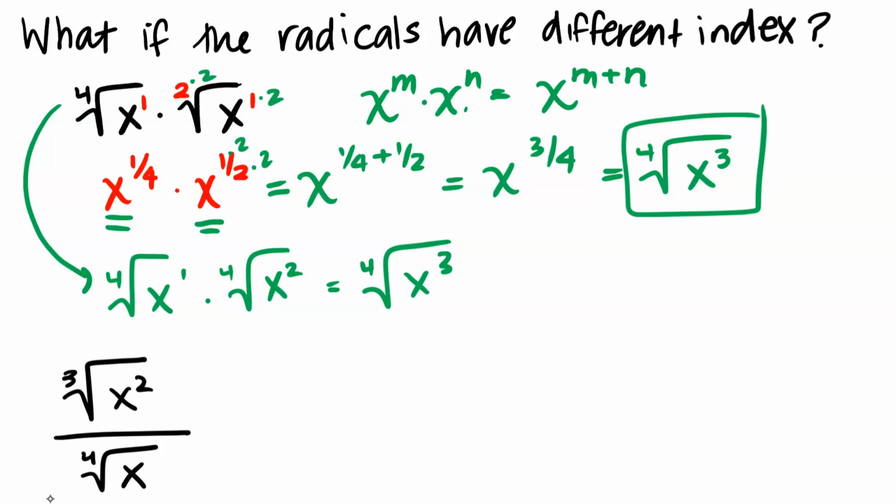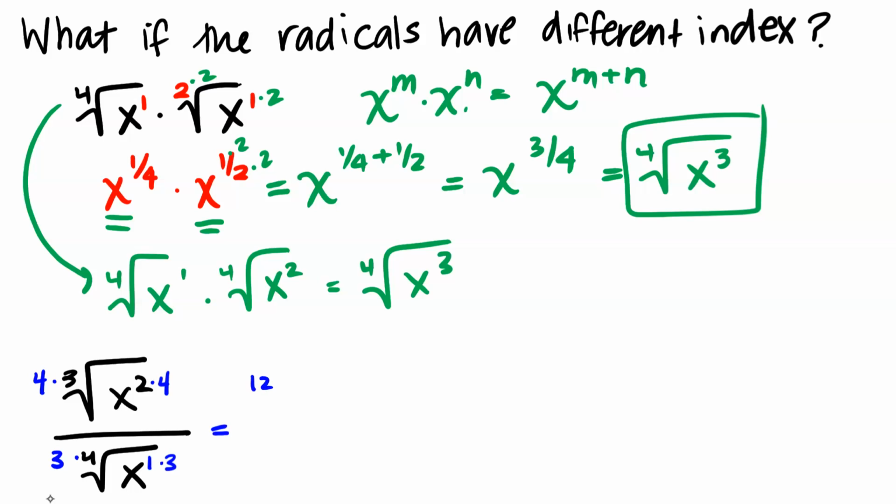I'm thinking about almost a common denominator, right? What's the least common multiple for these two? So 3 and 4, I need to go all the way to 12. So I need to multiply the third root by 4, which means I need to multiply the power by 4 as well. Same thing here. There's an invisible one. I'd also need to multiply that by 3.